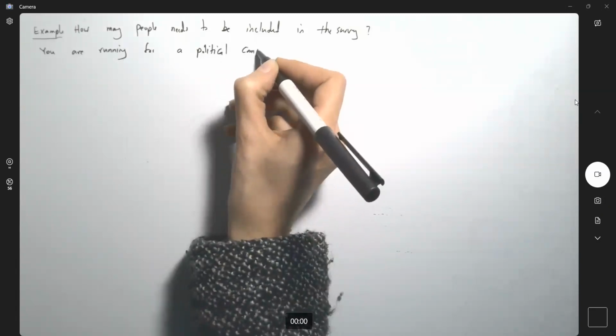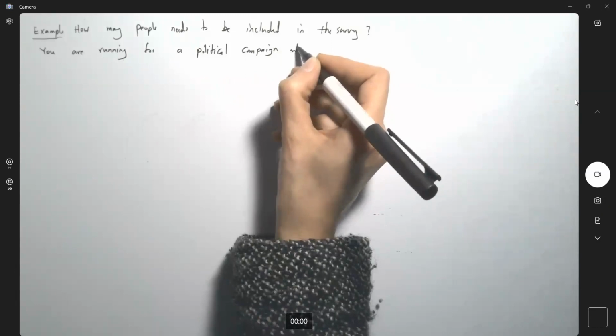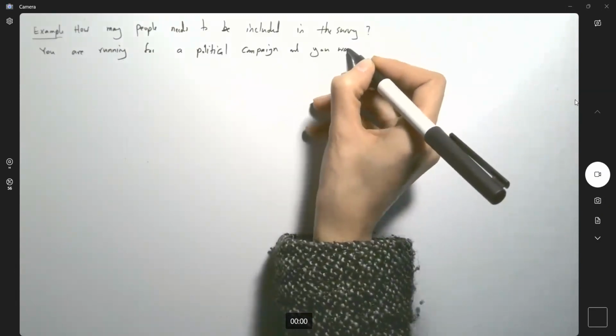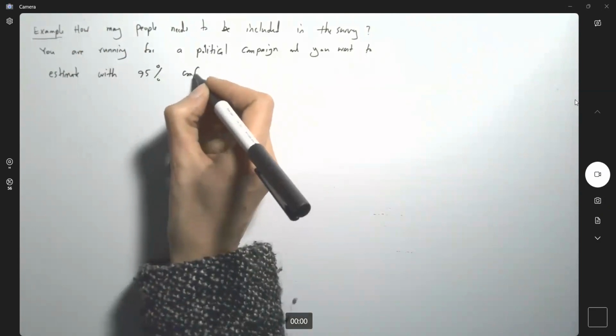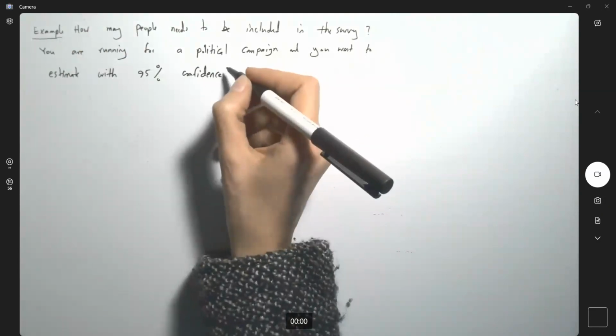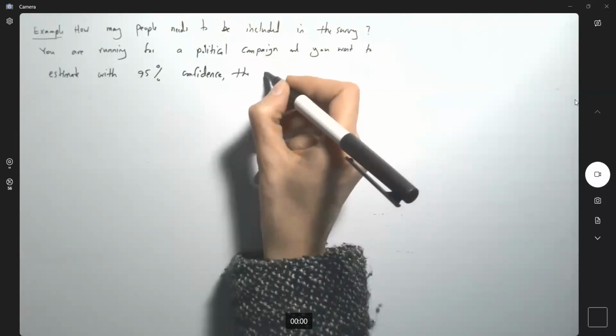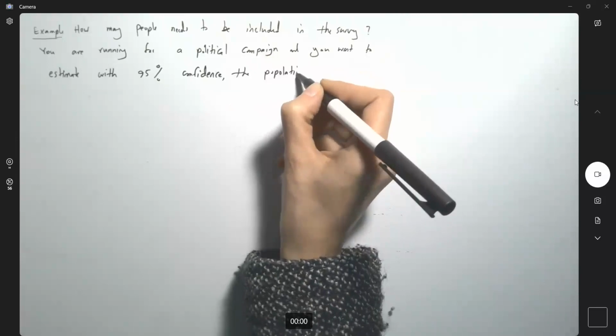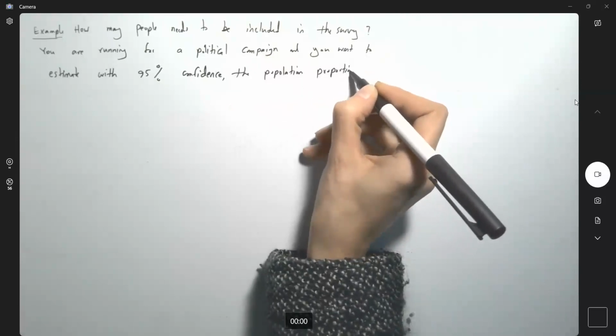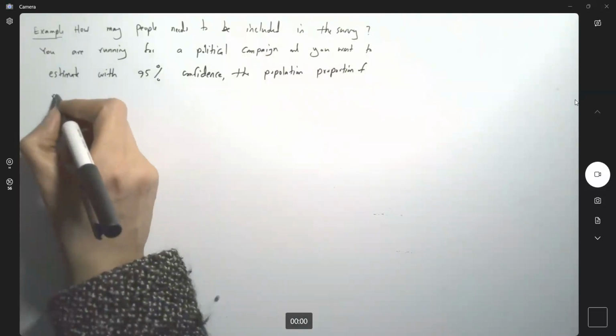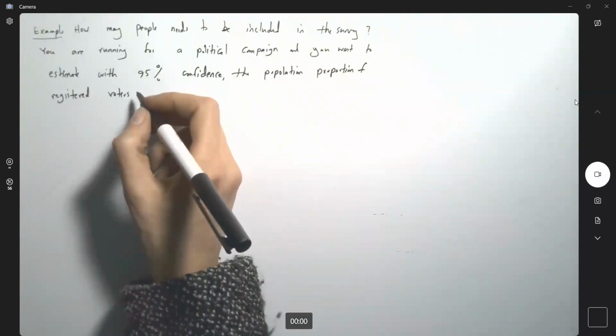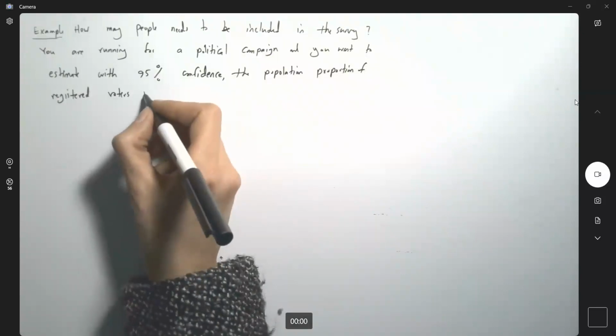Political campaign. And you want to estimate with 95% confidence the population proportion of registered voters who will vote for your candidate.